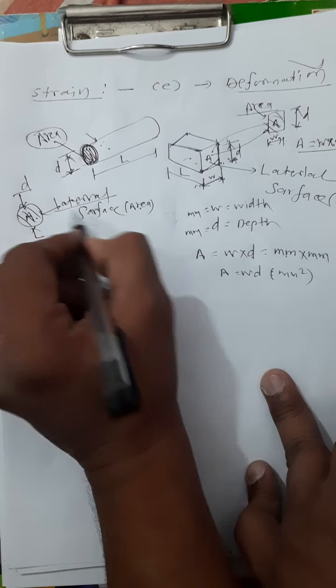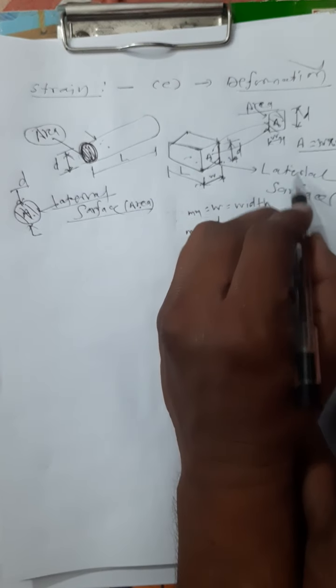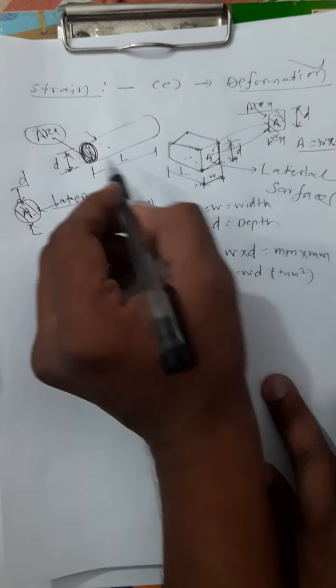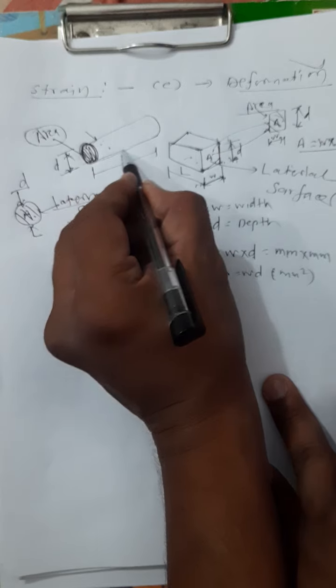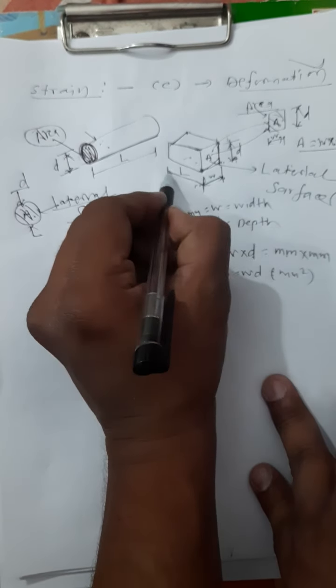The circular area is called lateral area. This rectangular area is called lateral area. Are you getting?